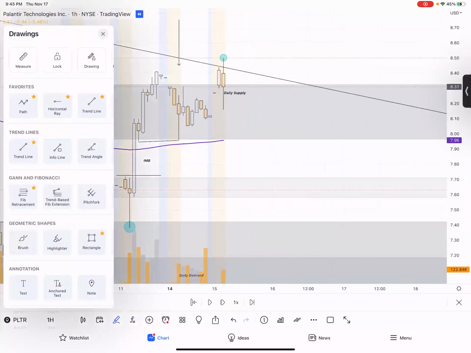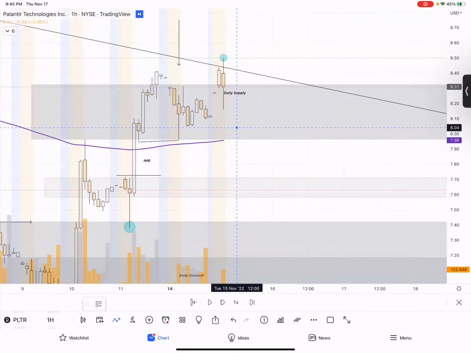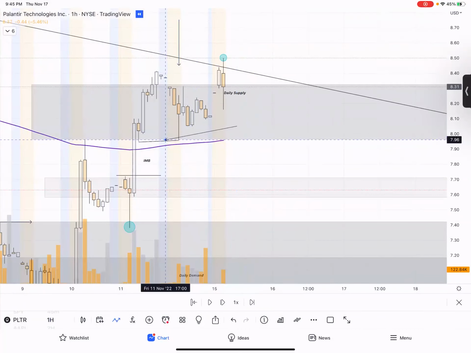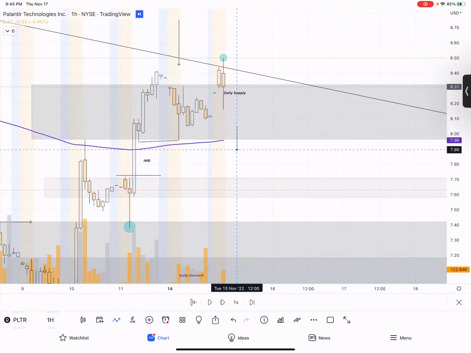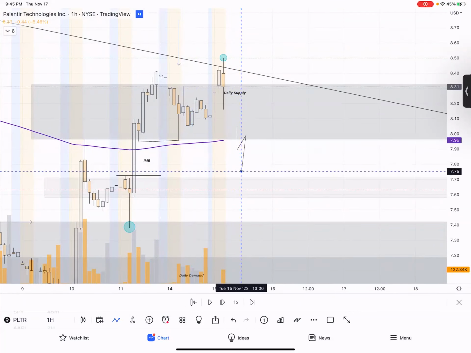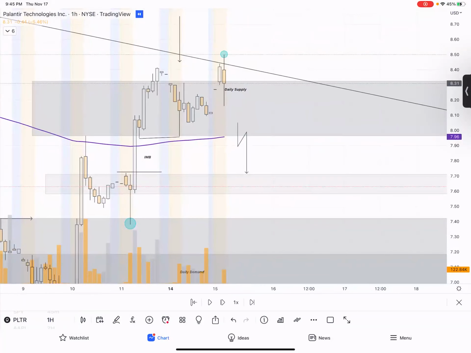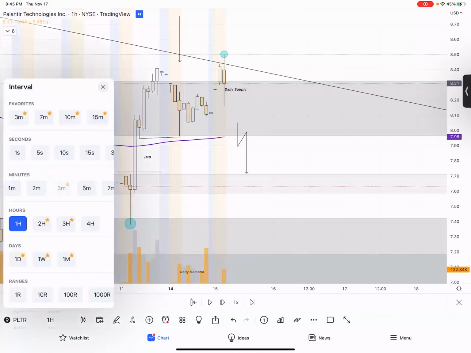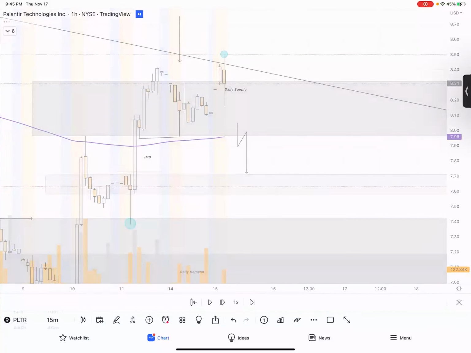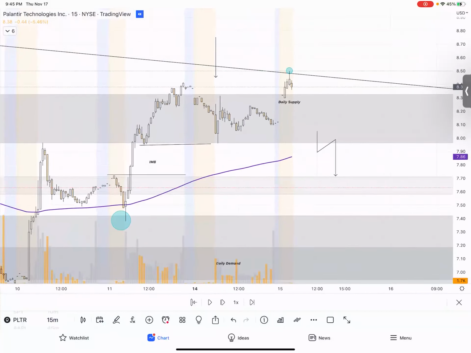So from a bird's eye view, the reason for this trade to continue lower is to sweep this liquidity, retest structure, fill in this imbalance. Let's drop down to the 15-minute.